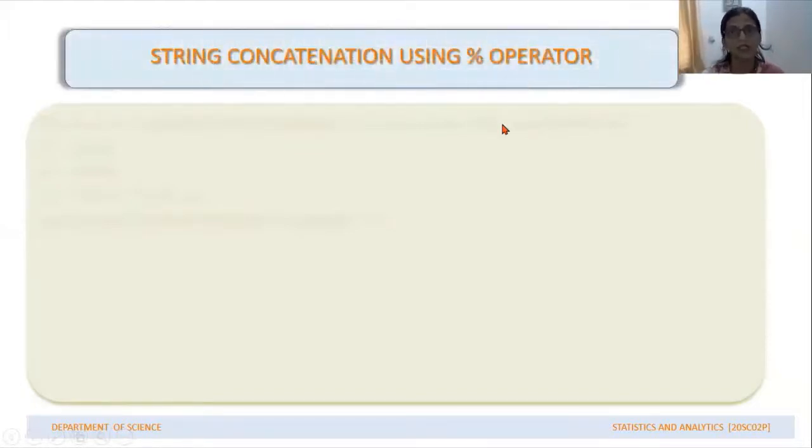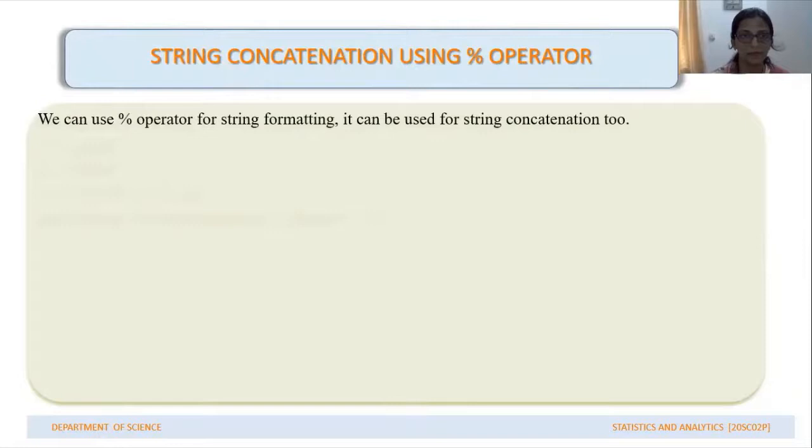Next is concatenation of string using percentage operator. I've stored the two strings in two variables. Now I'm going to join the two strings using the percentage operator and store it in a variable. Let us just see how we can do it. Within the double quotes, I should type percentage s, percentage s.